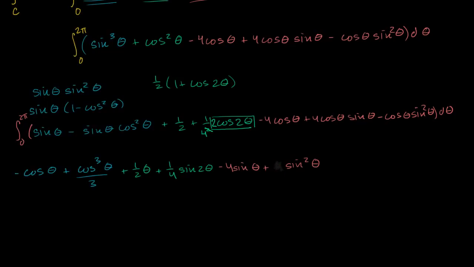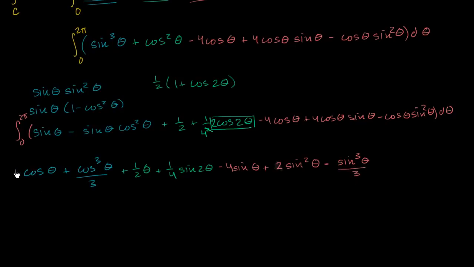So let me erase that and put a 2 right over here. And you can work it out yourself. If you were to take the derivative of this thing right over here, using chain rule, it would be cosine theta times 4 sine of theta. So that's exactly what we have right over here. And then we have this last part. The derivative of sine theta is cosine theta. And so, once again, just like we've done before, the antiderivative of this whole thing is going to be negative sine cubed of theta over 3.